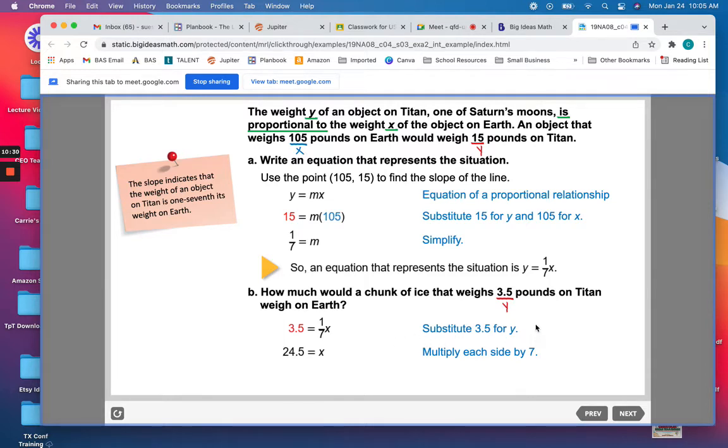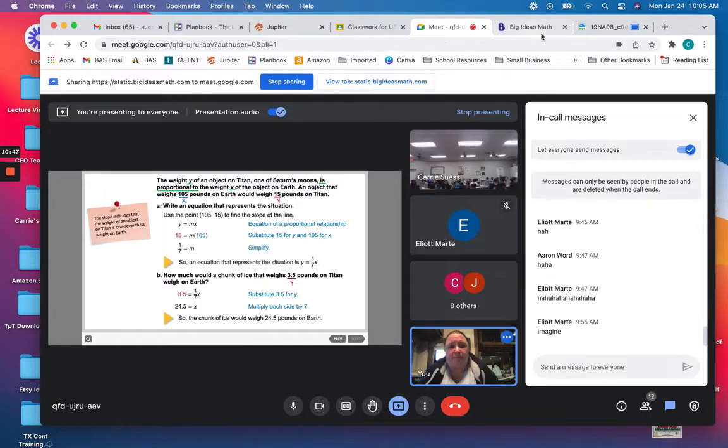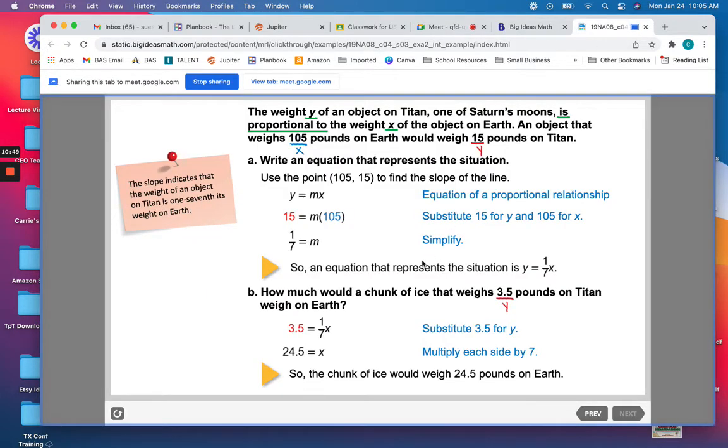Pounds. We're talking about the weight. So this chunk of ice weighs 24.5 pounds on Earth. Go us. Make sense? Definitely.